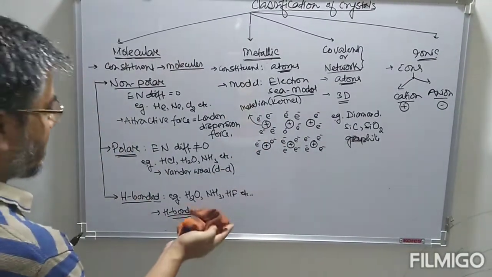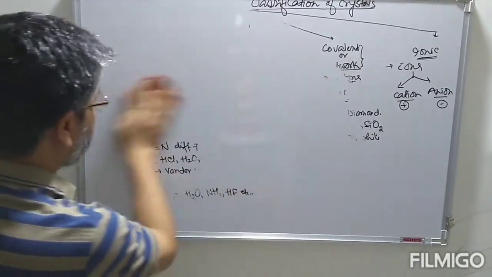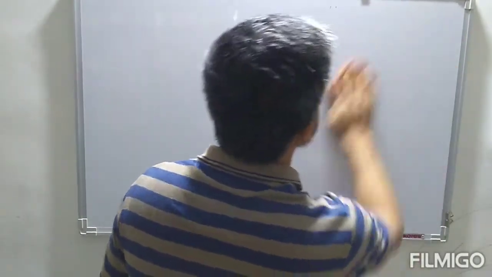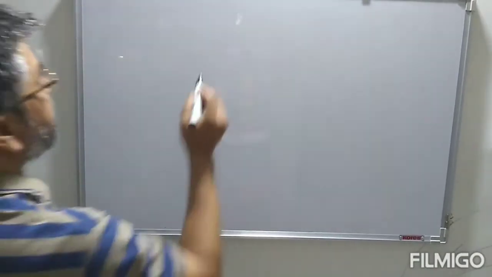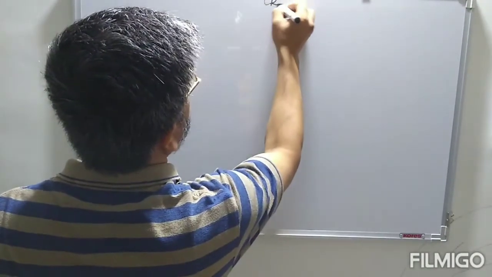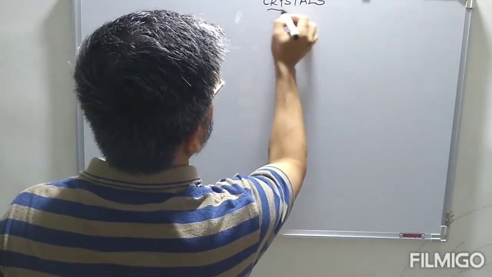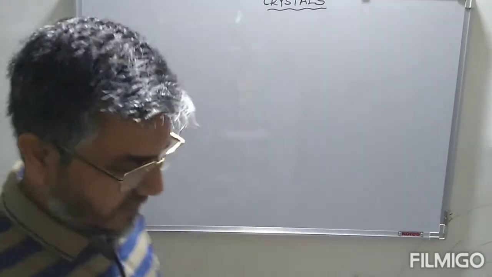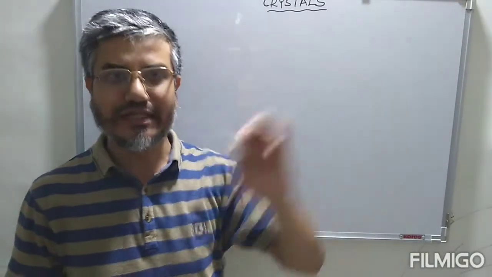Now, once we have this crystalline solid, we will discuss the basic properties of crystals. So we are coming to the crystals. In crystals, we have to study the basic repetitive unit.